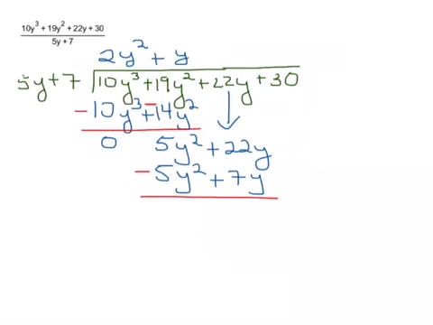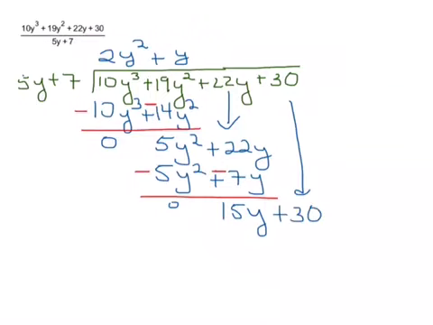Since 5y squared is positive, we'll make it negative, and since 7y is also positive, we'll make that negative. Now subtracting, 5y squared minus 5y squared is again 0. 22y minus 7y is 15y. And we're ready to bring down the next number, plus 30.